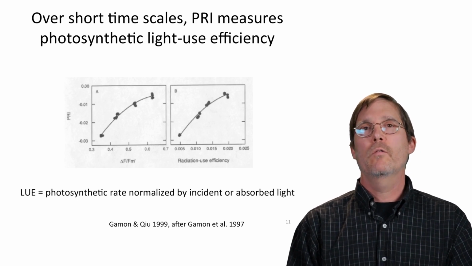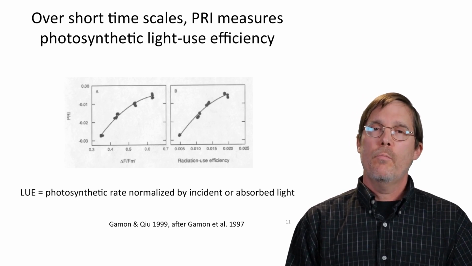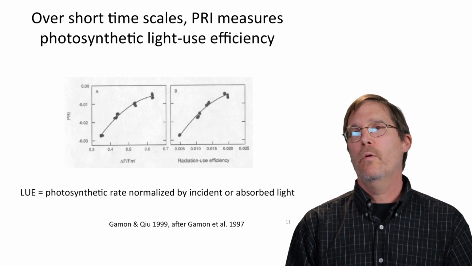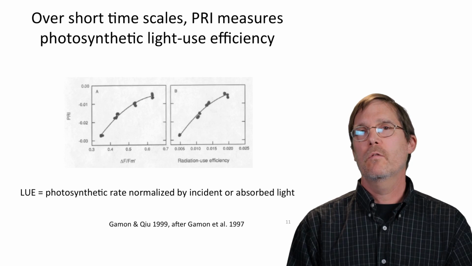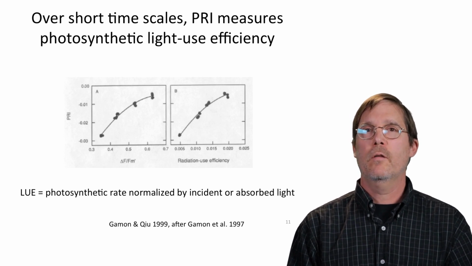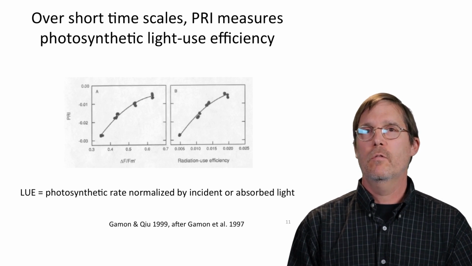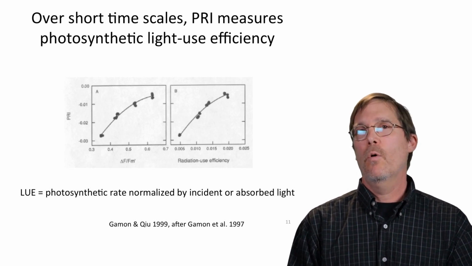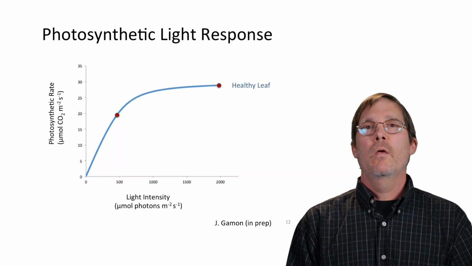People do it both ways. So the promise here is that this index, PRI, can tell us not only about what's happening with the regulatory processes of photosynthesis over a short time scale, but perhaps it can tell us something about the actual activity of photosynthesis, the uptake of carbon dioxide. So that's often what we really want to know.